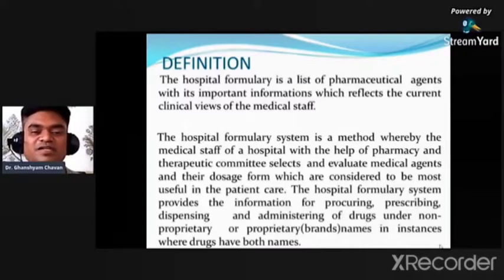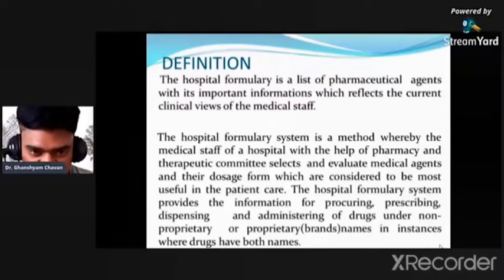The hospital formulary system is a method whereby the medical staff of a hospital, with the help of the pharmacy and therapeutic committee, select and evaluate medical agents and their dosage forms, which are considered to be the most useful to the patient.